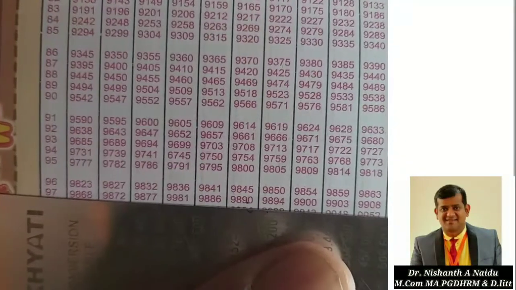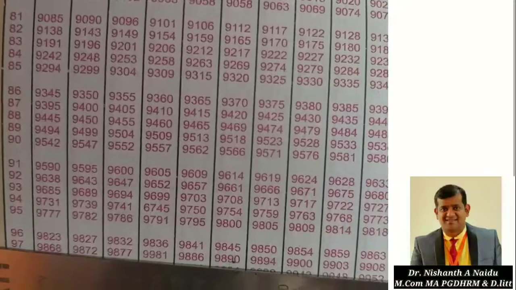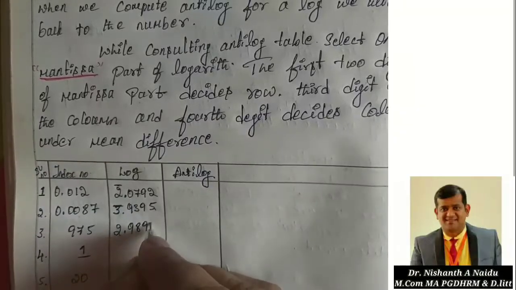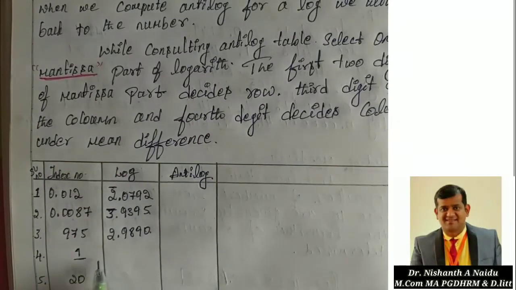What is the value? 9890, correct? So I'm writing 9890.